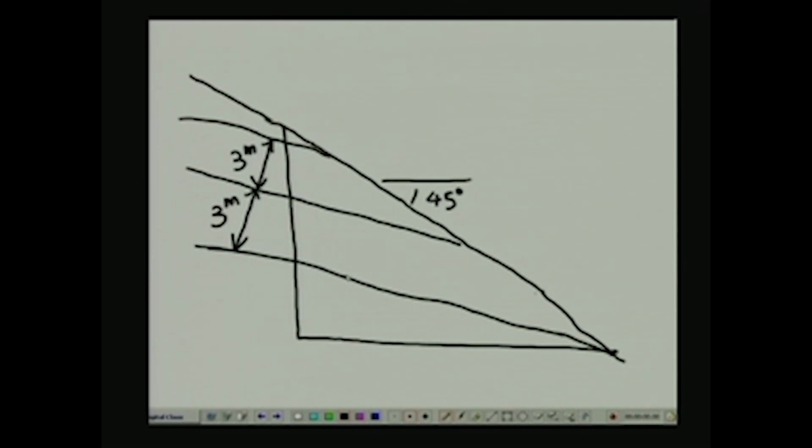Now what we know here is that this angle is 35 degree, and since the dip angle in this case is lower, the dip angle is smaller than the friction angle.